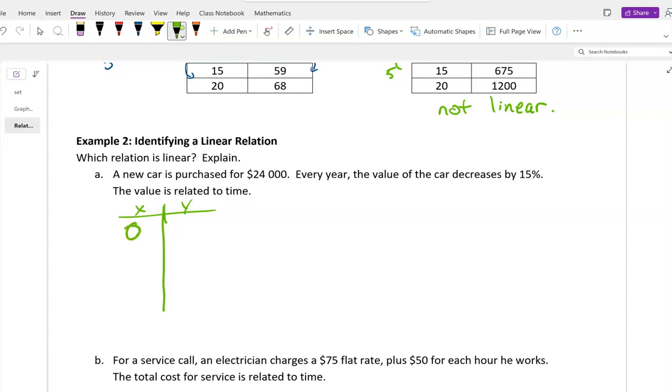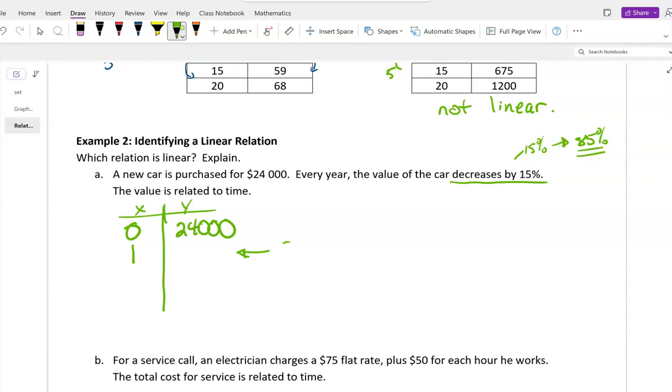So when you buy the car, it's worth $24,000. After 1 year, what will be the price of the car? Well, it's decreasing by 15%. So if you take away 15%, does it make sense that 85% is left?